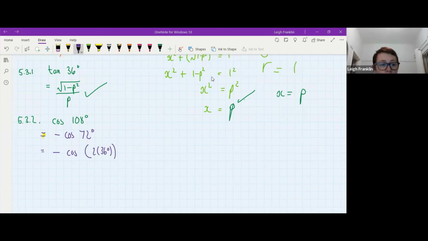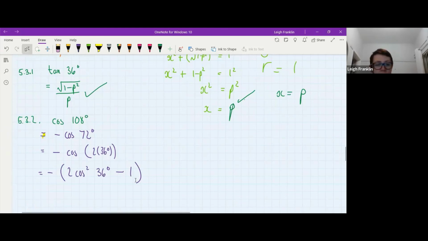Okay, so that would give us negative, let's use a bracket, and then here we could say 2 cos squared 36 minus 1.